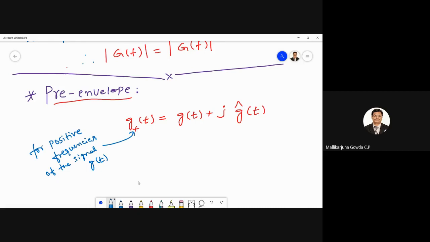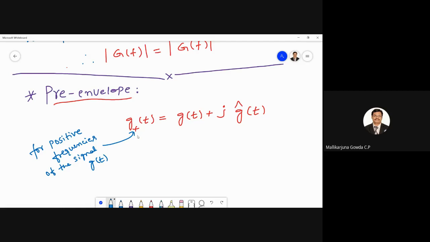Hope you're understanding what I'm saying. The pre-envelope of a signal g(t) is defined as g₊(t), which is equal to g(t) plus j times ĝ(t).